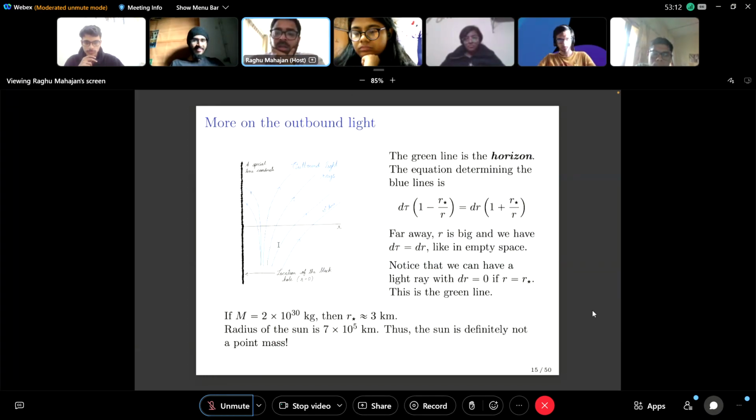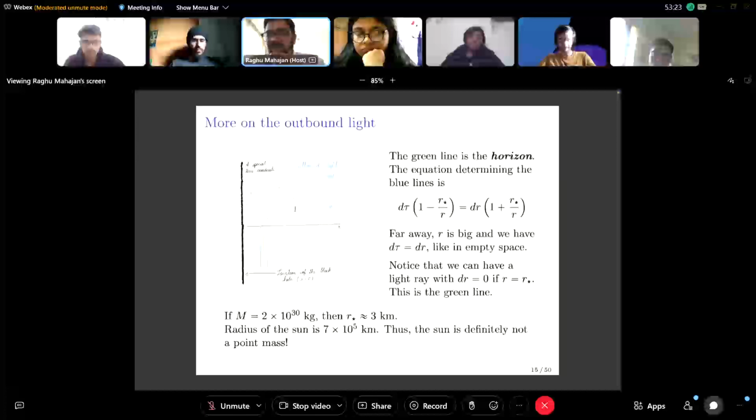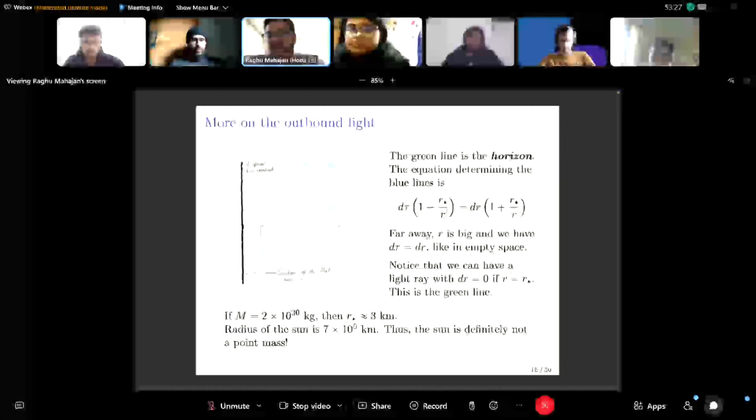So in optics, the geometric optics approximation, these light rays are only valid if the size of objects that you have around are much larger than the wavelength of the light. So this black hole has a size, this R star. So if you take light of wavelength comparable to 3 kilometers around the sun, it will undergo significant distortions from the gravitational field of the sun, right?